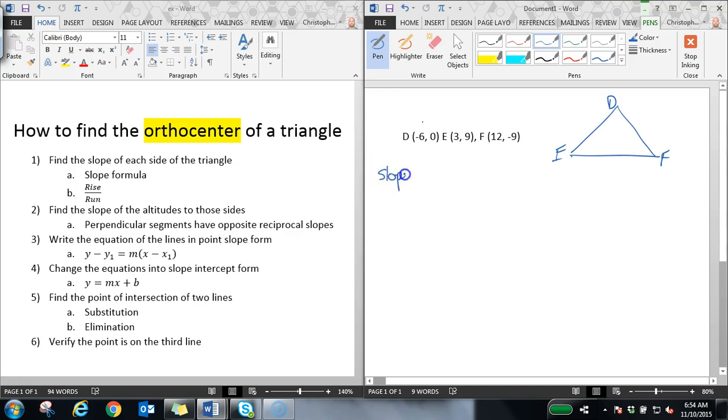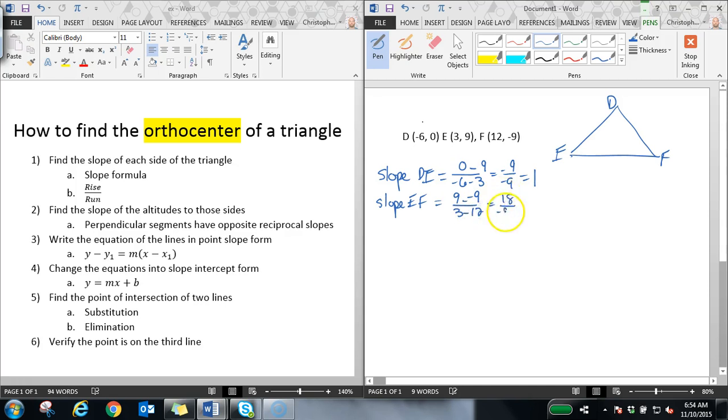So the slope of DE is going to be 0 minus 9 over negative 6 minus 3, negative 9 over negative 9, positive 1. The slope of EF is 9 minus negative 9 over 3 minus 12.